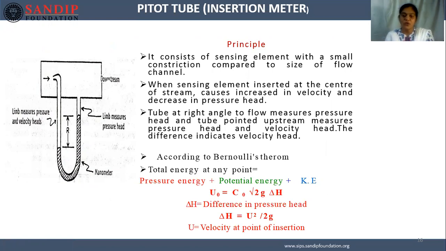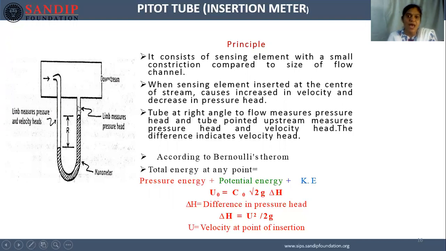The Pitot tube consists of a sensing element with a small constriction compared to the size of the flow channel. When the sensing element is inserted at the center of the stream, it leads to an increase in velocity and causes a decrease in pressure head.